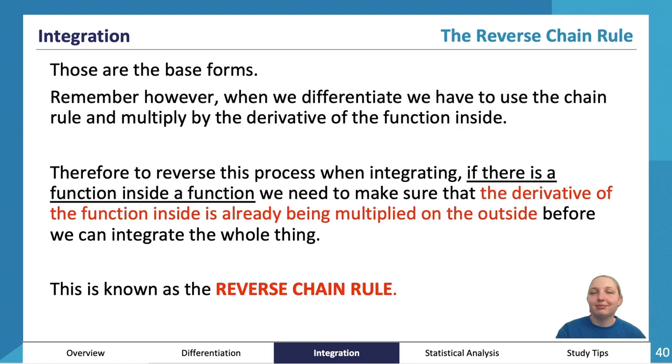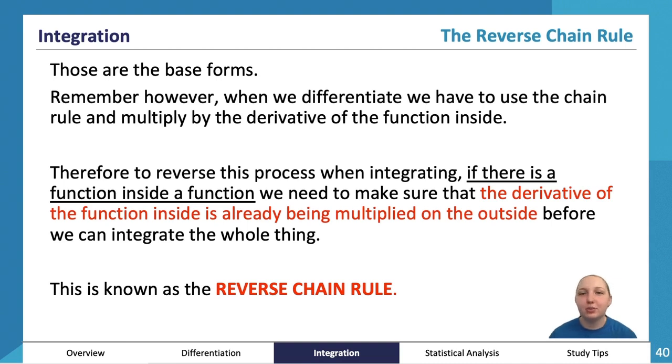Then, just when you thought we were done, there's also the reverse chain rule. Just how we had the chain rule, we also have the reverse chain rule. We just looked at the base forms, but we do have to remember that when we differentiate, we have to use the chain rule and multiply by the derivative of the function inside.